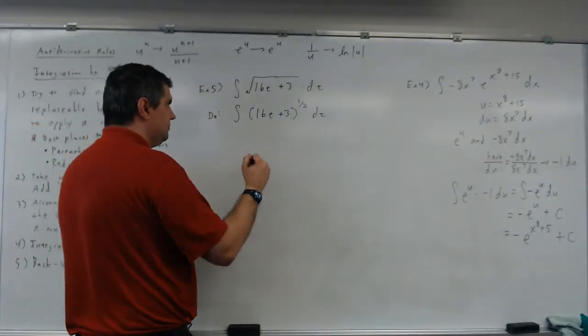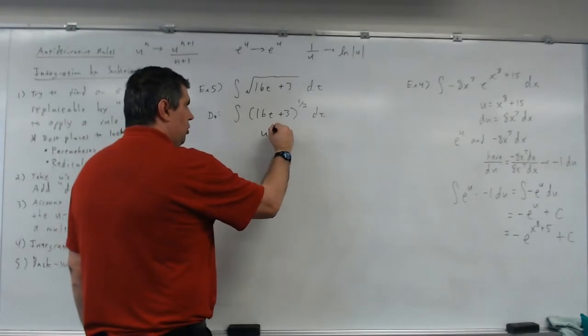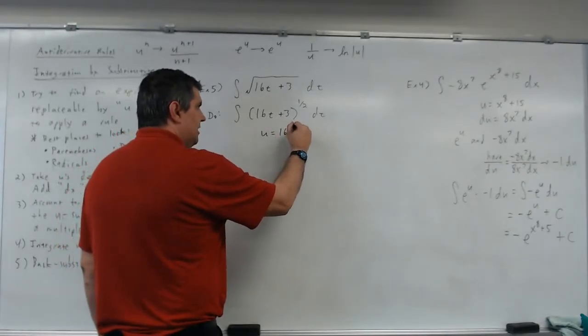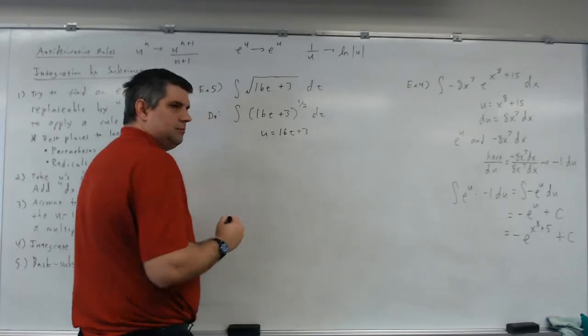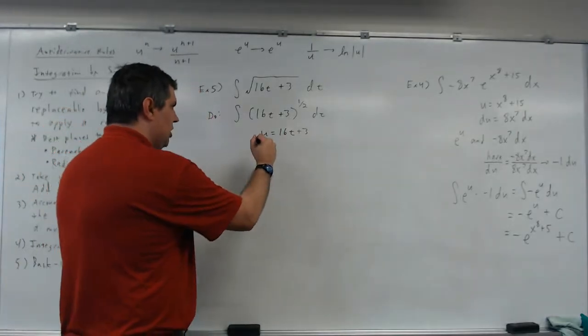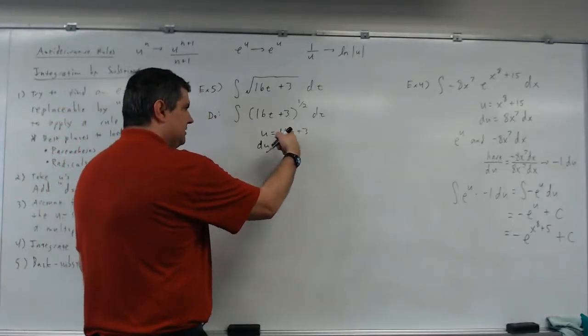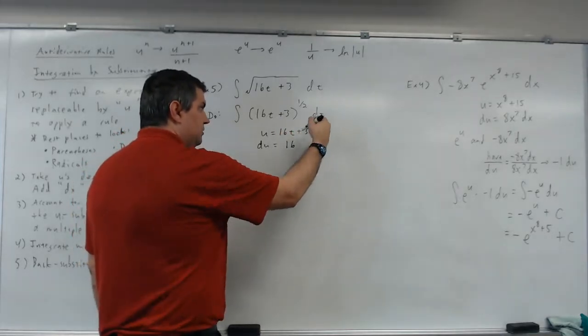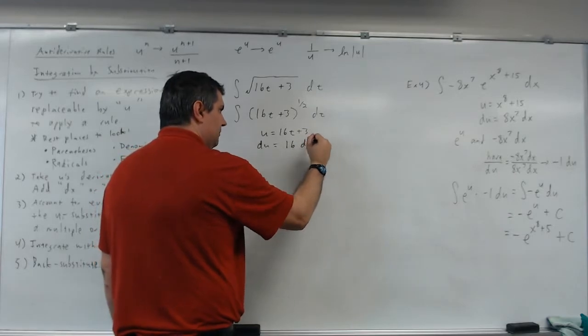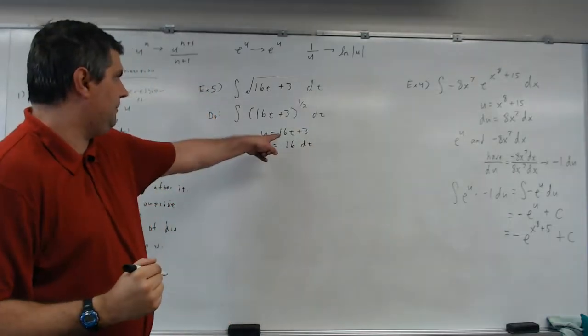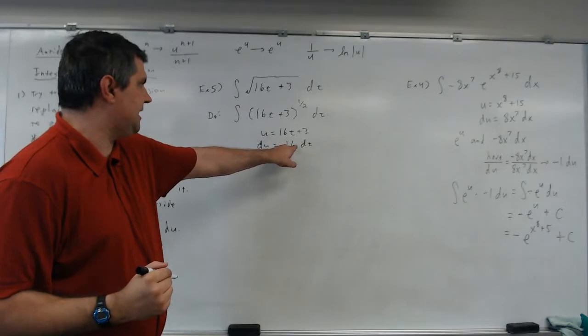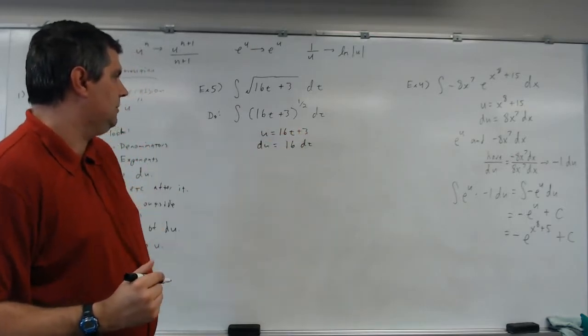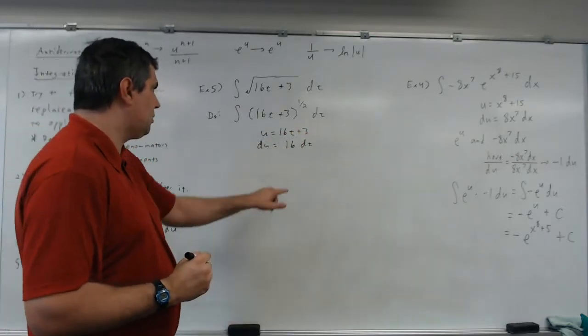Now, u will therefore equal 16t plus 3. Du is the derivative of this, which is just 16, with respect to t, so dt. The derivative of 16t is 16, the derivative of 3 is 0.